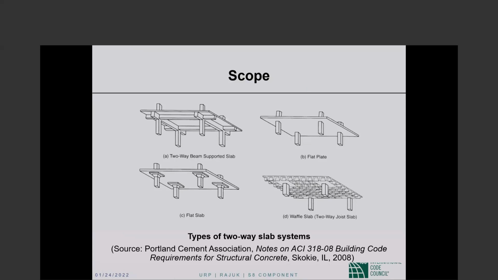The big attraction of this slab system is that you get the shallowest, what we call the ceiling sandwich. You don't need any false ceiling or anything. So with the flat plate, the story height can be the smallest.